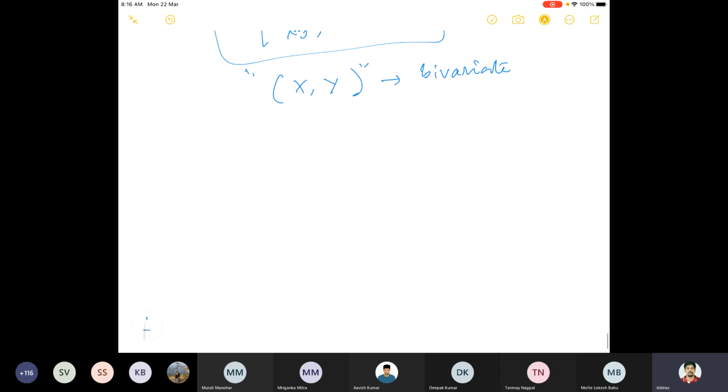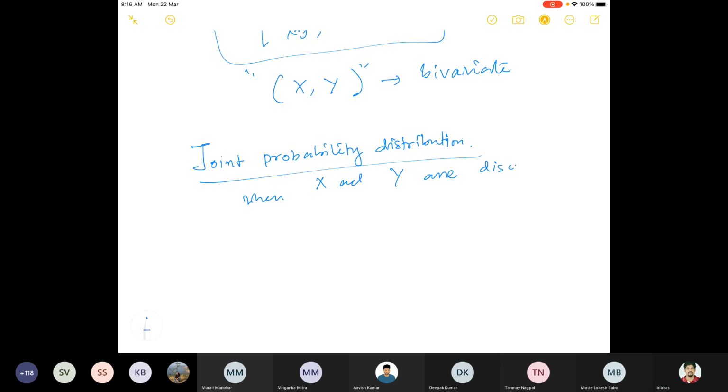So first of all, let us define what is called a joint probability distribution, when both x and y are discrete random variables. I'll give you examples also.